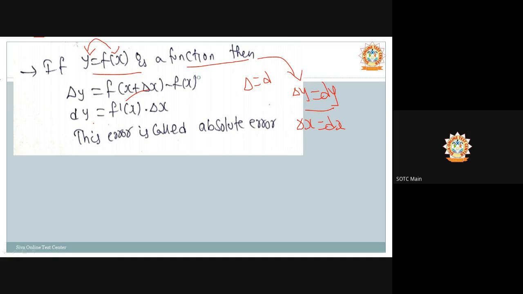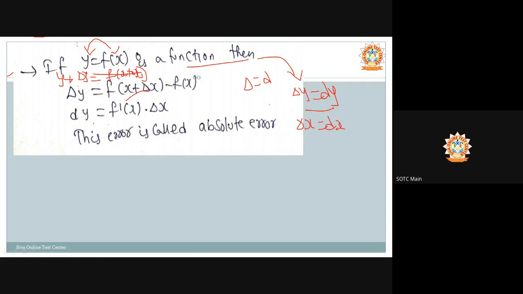So now I am writing this as y plus delta y, the change in y, is equal to f of x plus delta x, right? Now take this y to this side, it will come minus y. Instead of minus y, I am writing it as f of x. So now delta y is equal to f of x plus delta x minus f of x.